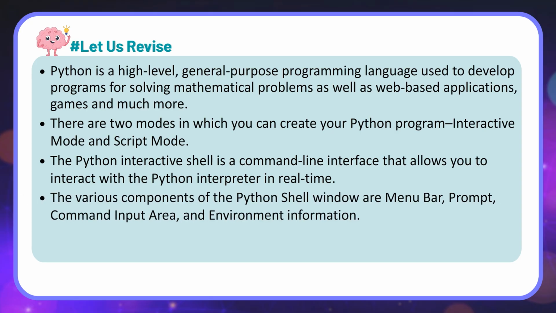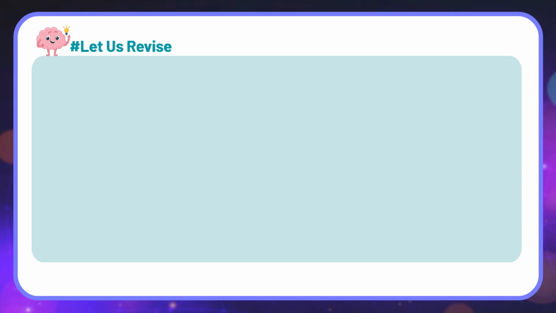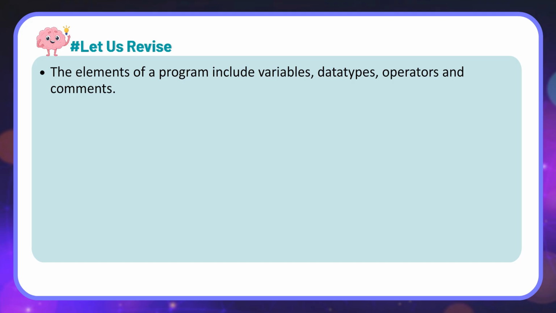The various components of the Python shell window are menu bar, prompt, command input area, and environment information. The script mode is used when a program is long enough that it cannot be entered in the shell window itself. The elements of a program include variables, data types, operators and comments.